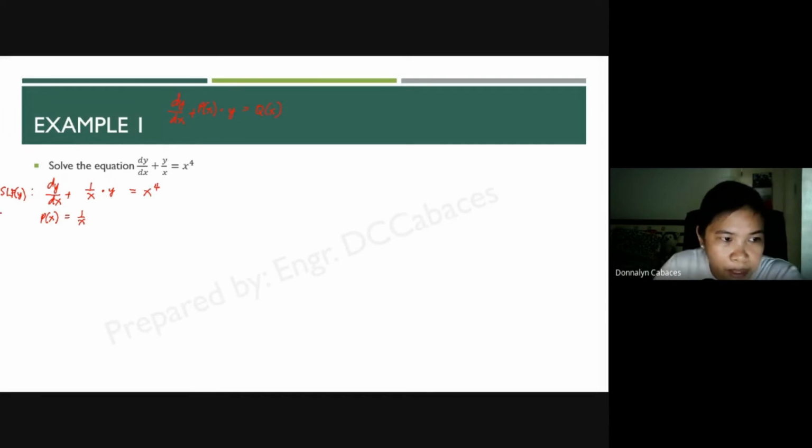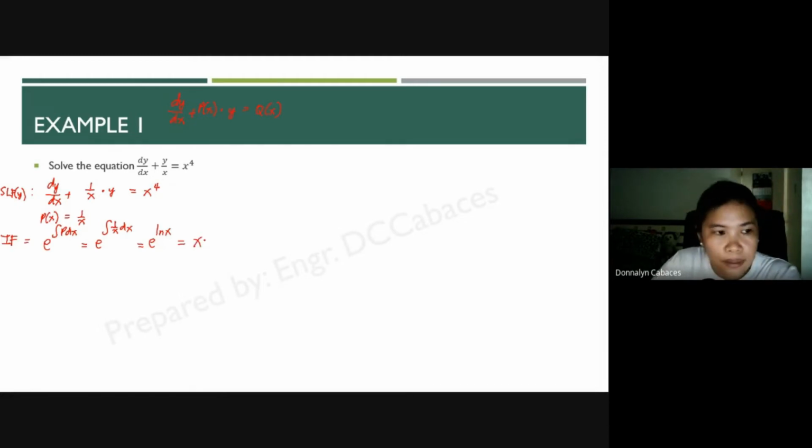And the next step is to find our integrating factor, IF, which is equal to e to the integral of p dx. That is equal to e to the integral of 1 over x dx, or simply e to the ln of x, or simply equal to x.